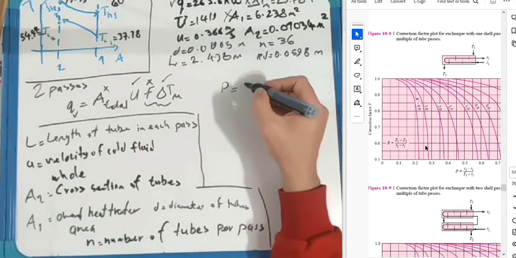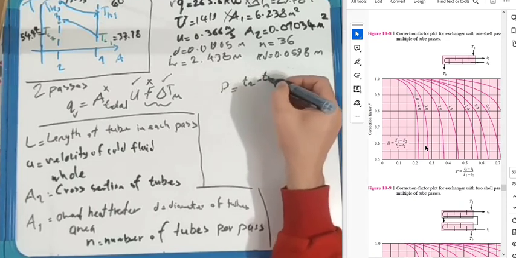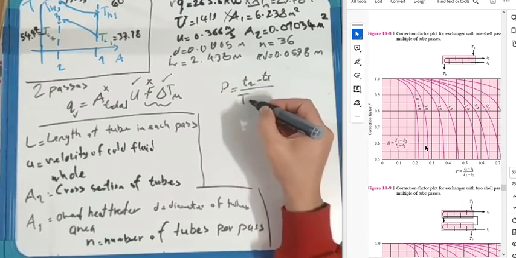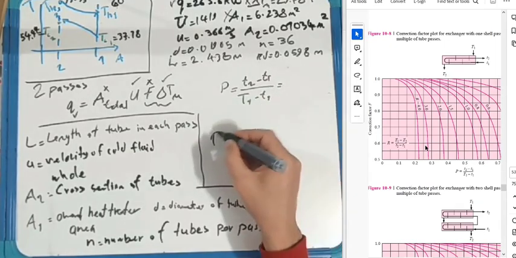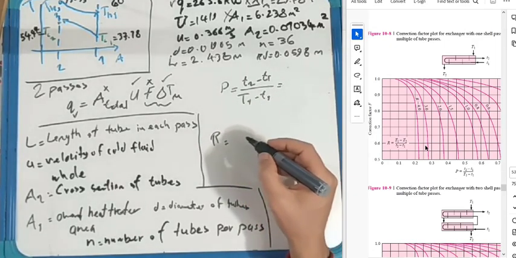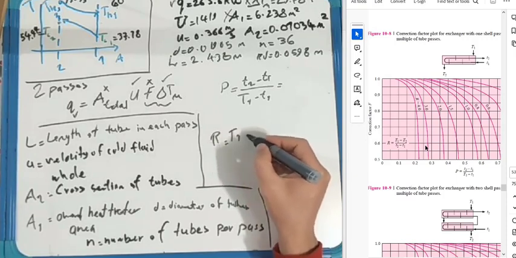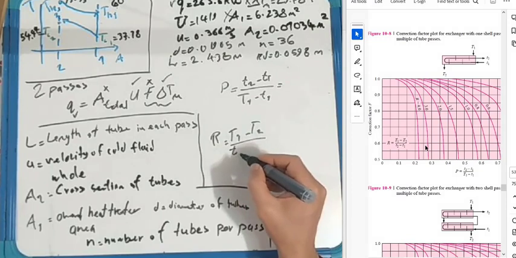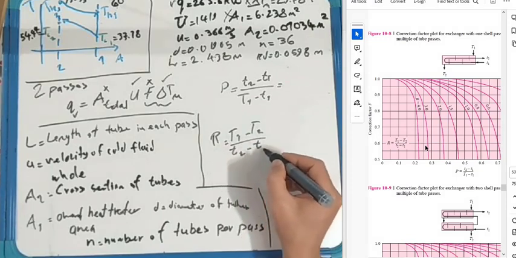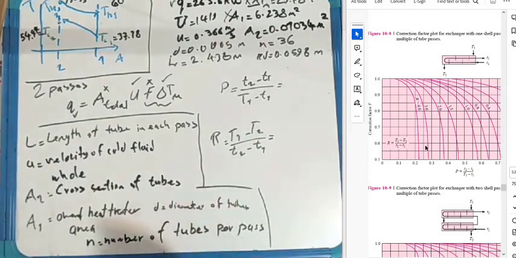P equals T2 minus T1, capital T1 minus small t1, and R equals T1 minus T2, small t2 minus small t1, and I will show it in this picture to you.